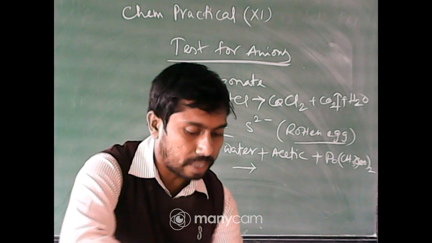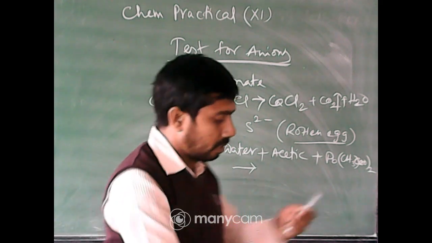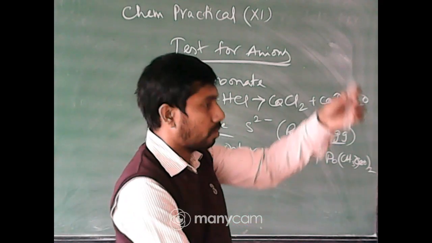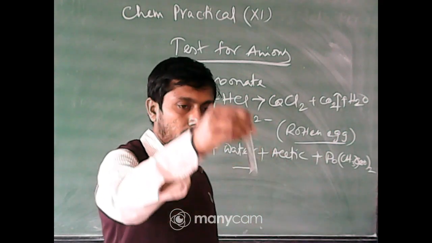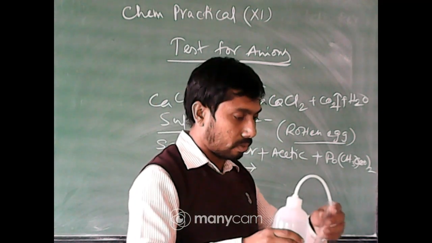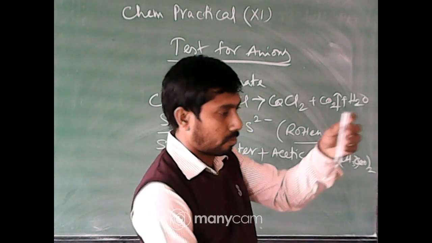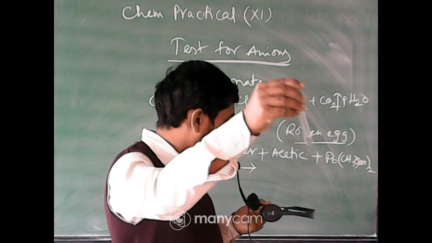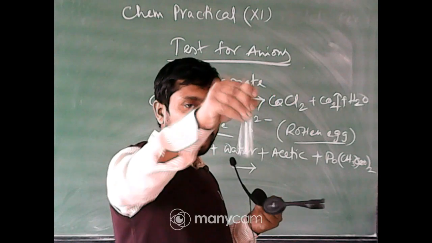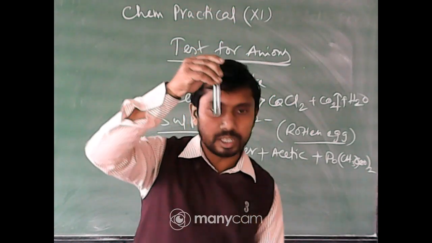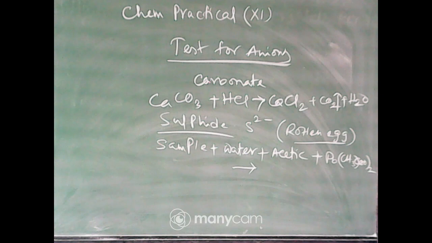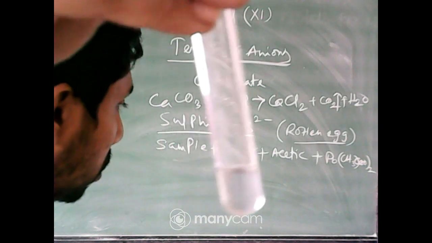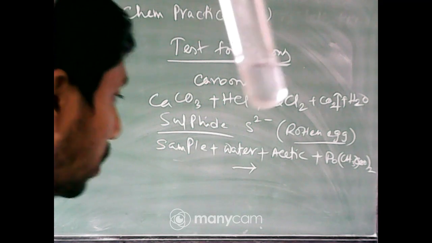Then water is added to make the solution. Now you see that the color of the solution is transparent. You can see that the sample is totally dissolved. No part is left.